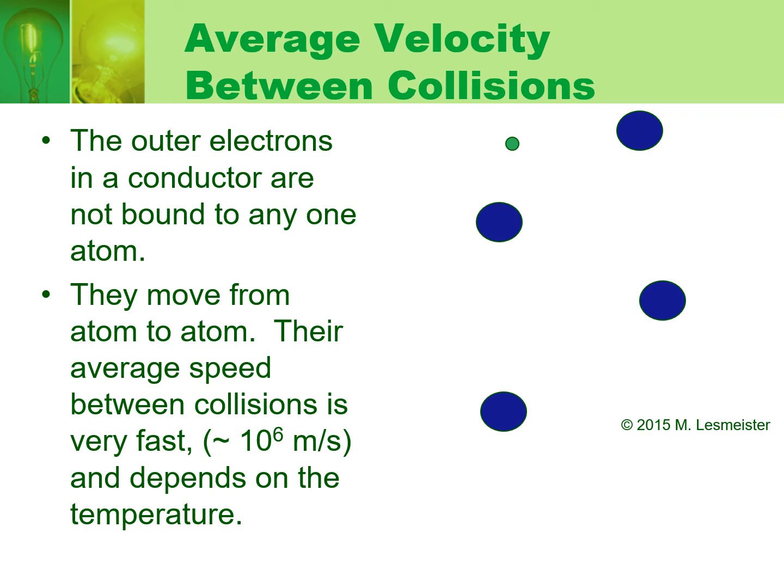Of course, the exact speed depends on the temperature. However, this is not the speed that we are concerned with. If there's no net electric force, that is to say, if there's no potential difference from one side of the conductor to the other, then the charges will move, yes, but they won't get anywhere. They will have no average velocity.